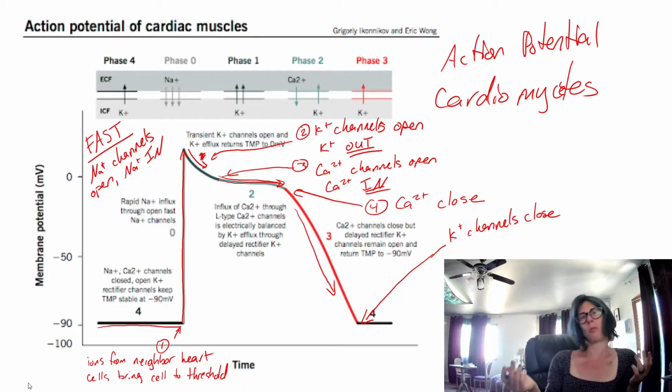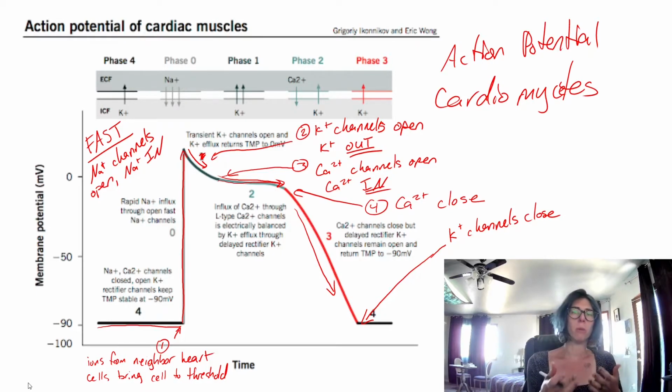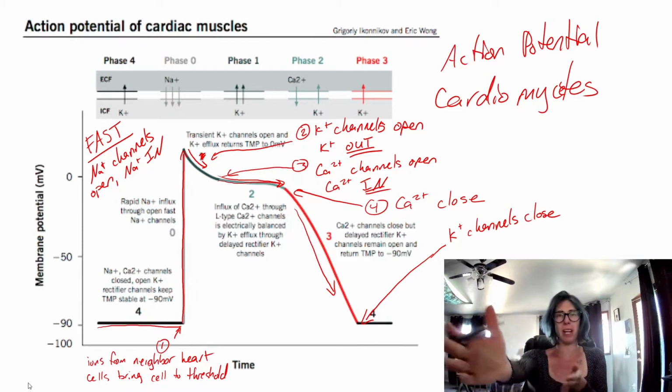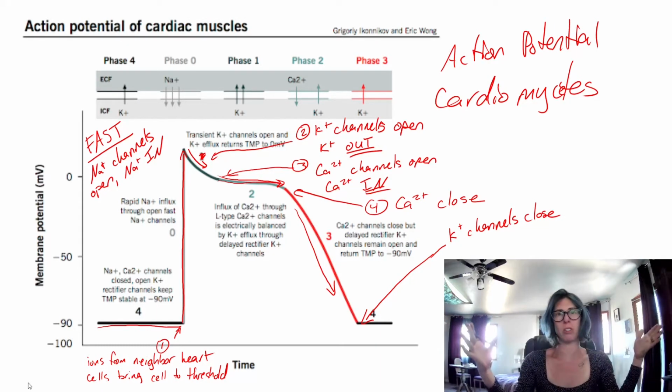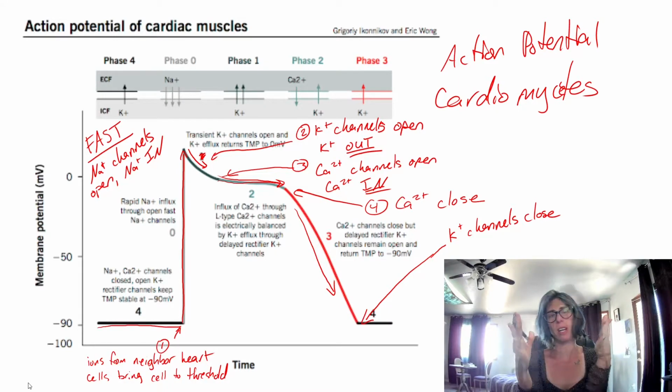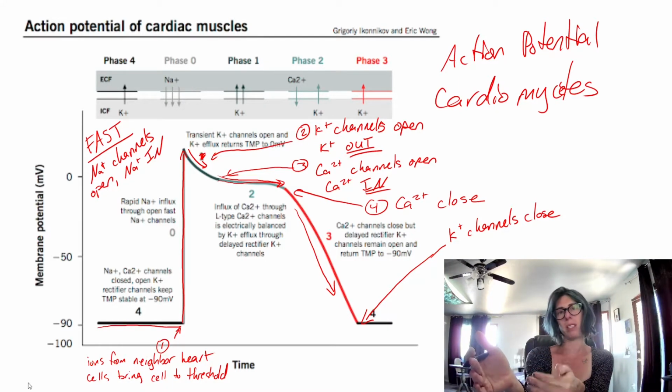Why do calcium channels open? Well, you might remember from skeletal muscle studies that the calcium has to be there for the muscles to contract. And remember, actin and myosin filaments have to ratchet past each other to cause that muscle to shorten and contract. The binding sites between the actin and myosin are blocked.